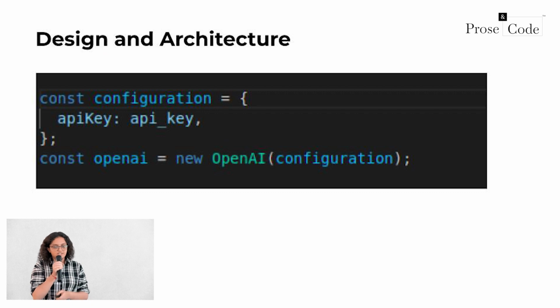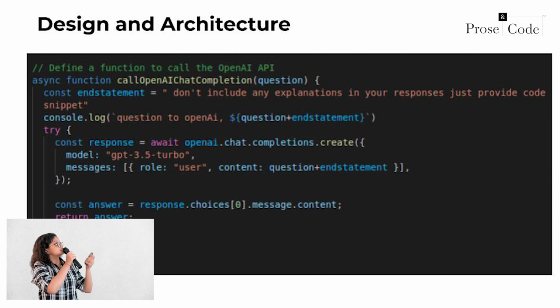Now, step 4 is configuring the OpenAI APIs. This is the easiest thing, as we have the Node.js library that OpenAI provides. We just have to pass the API key, which will be provided when you create an account. This is the OpenAI chat completion request. If you see the first line, this is the system statement. If you've used ChatGPT, we know that it also provides the context of the reply and an explanation of the code, but we don't really need it.